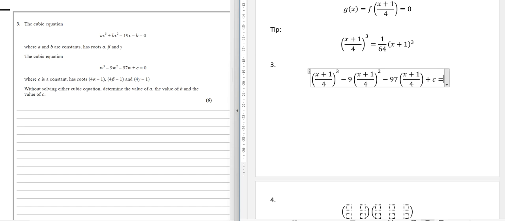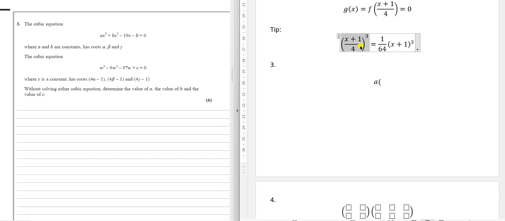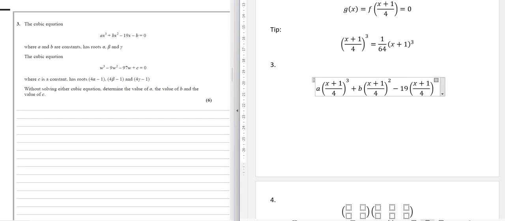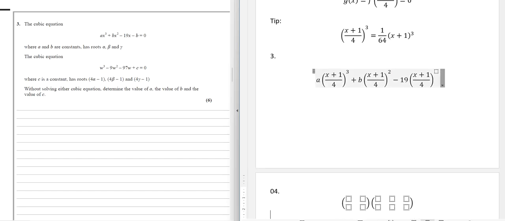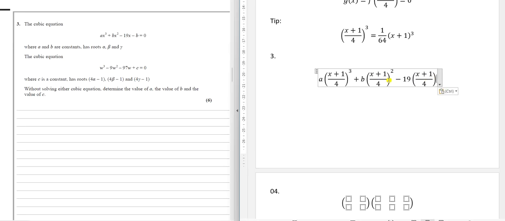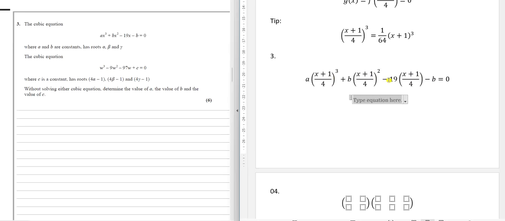I've done this completely the other way around. The way the w1 is created from the original. So I want a lots of x add 1 over 4 cubed plus b lots of x add 1 over 4 squared minus 19 lots of x add 1 over 4 minus b.